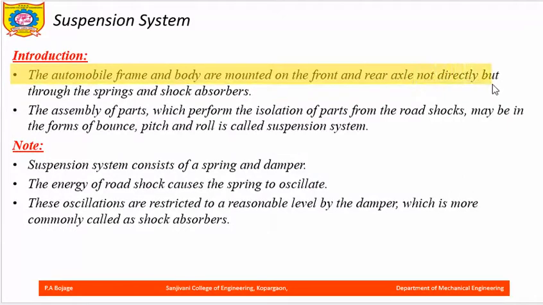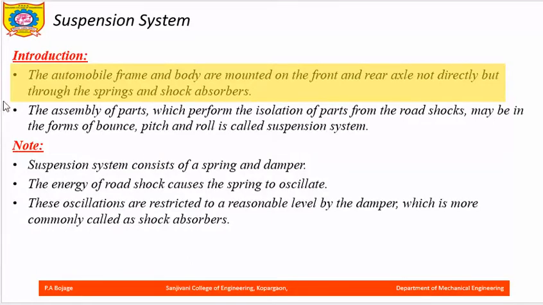So, axles we have, but not directly on the wheels. Before it is mounted on the wheels, it is mounted on the springs and shock absorbers. So, on the frame is the body. Again, that frame rests on the springs and shock absorbers, and then it is connected to the wheels.